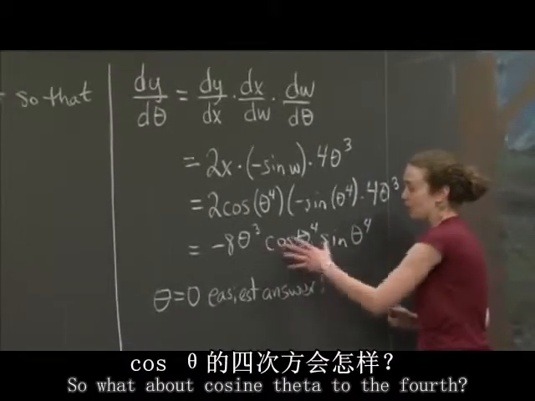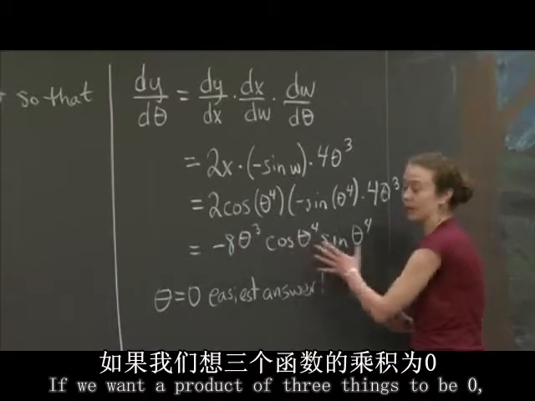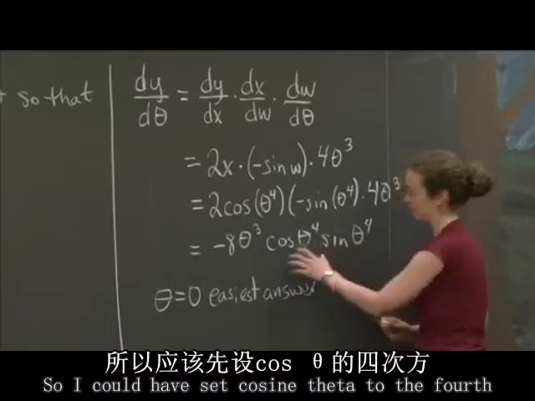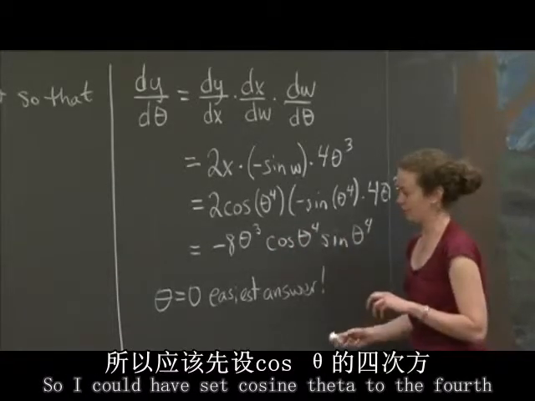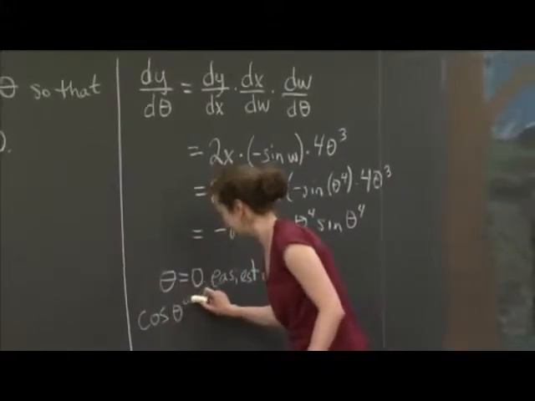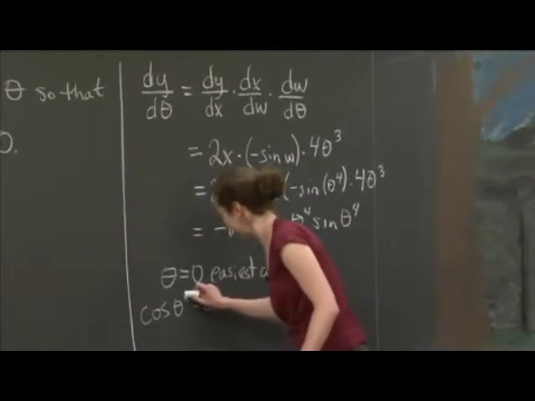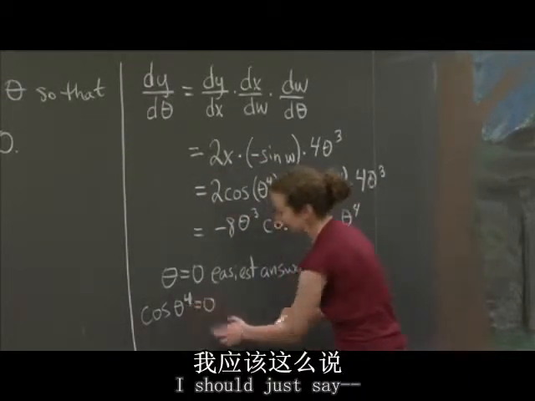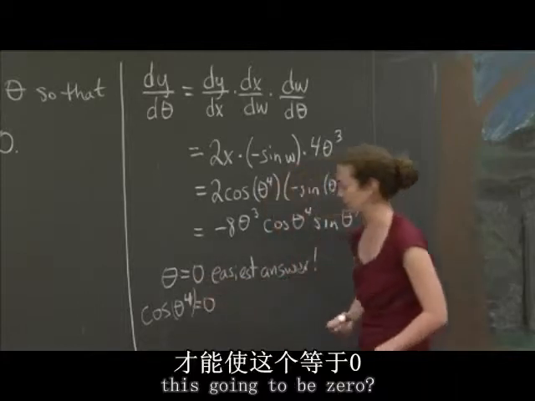So what about cosine theta to the fourth? If we want a product of 3 things to be 0, then at least one of them has to be 0. So I could have set cosine theta to the fourth equal to 0. And for what values of an angle, I should just say, for what values of theta to the fourth is this going to be 0?